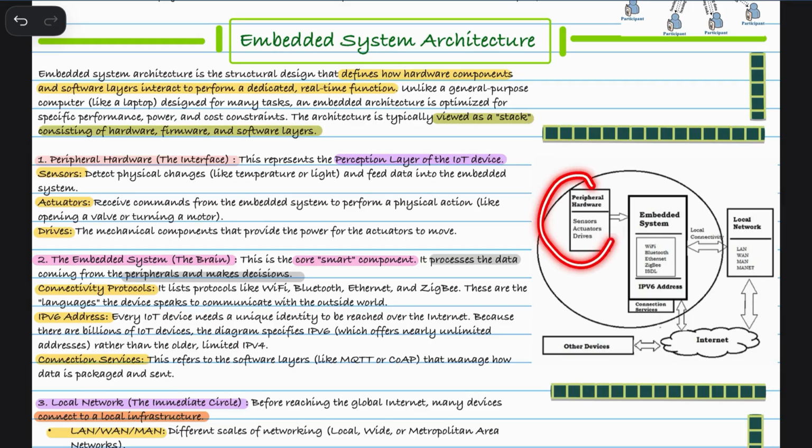First is the peripheral hardware, which can also be known as the actual physical layer, the perception layer, right? It represents the perception layer of IoT devices. It contains three interconnected elements, that is sensors, actuators and drivers. Think of the driver as a muscle power plant.